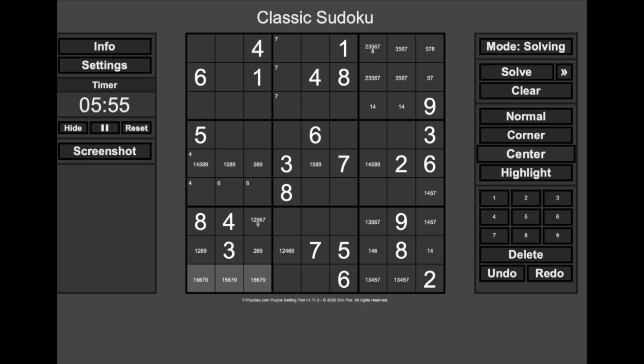No. None of these cells are a 2 or a 6. This one's not 5. Oh, that's not 9.